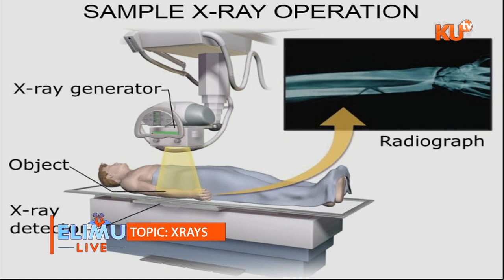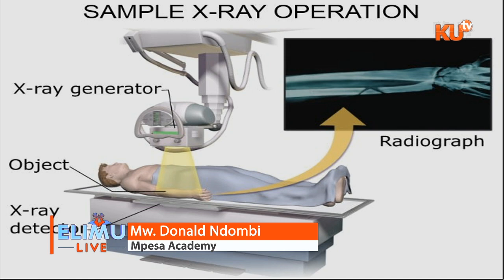The streams of electrons will pass through the hand, but they will not pass through the bones of the hand. So a picture is formed on the screen, which we're labeling as a radiograph. So the radiologist will interpret this for you, and tell you where the problem is. So you can see X-rays are very important in our life.